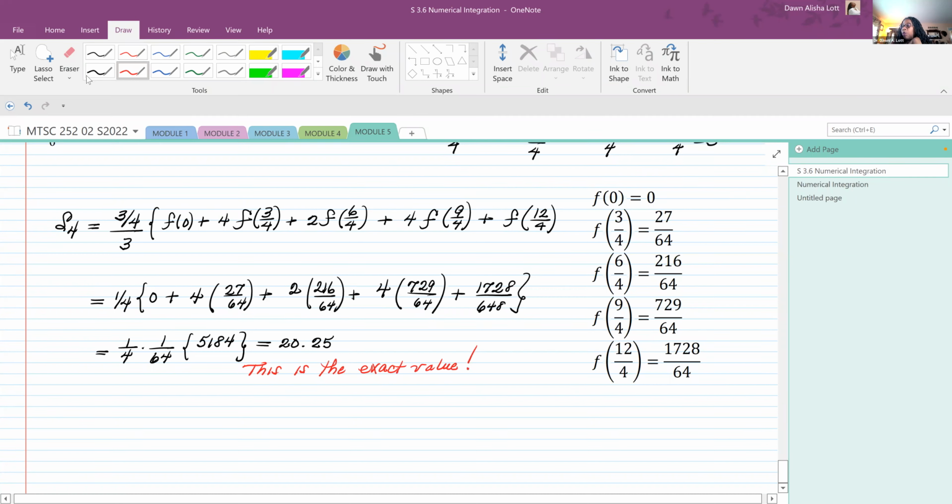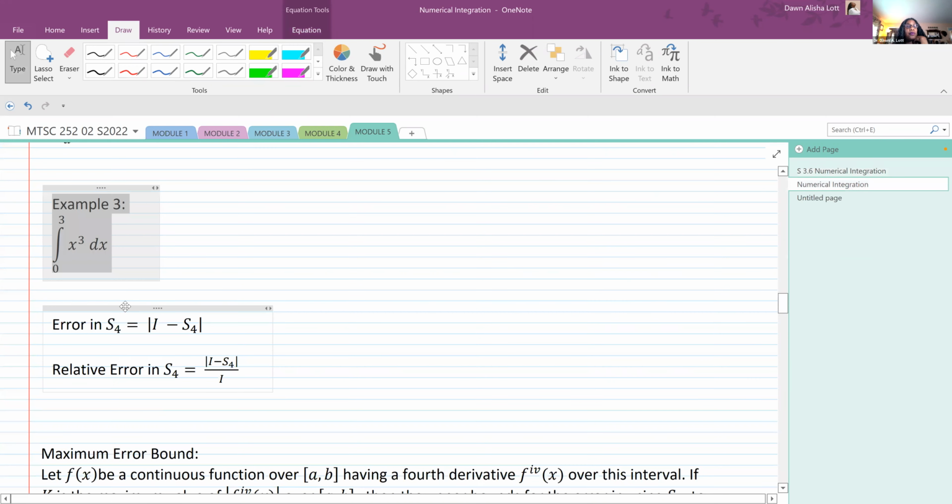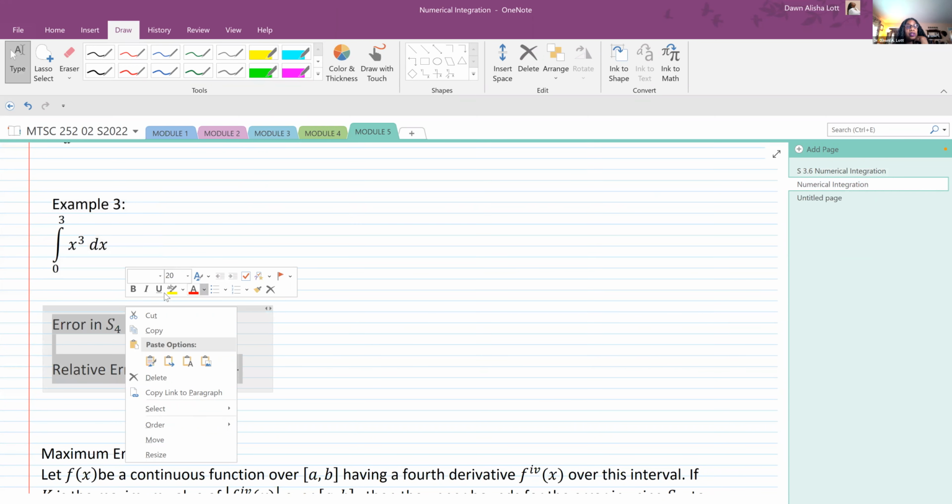Okay, so will we always get the exact value? Absolutely not. We get the exact value in this problem because when we maximize the derivative, for us, that thing is 0. So first off, the error in this approximation is 0.